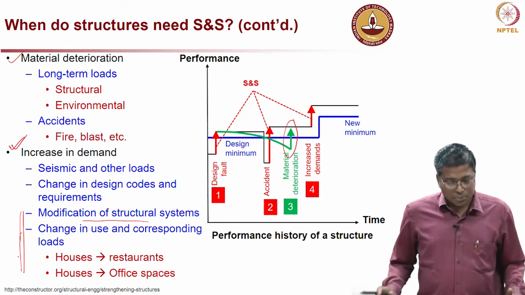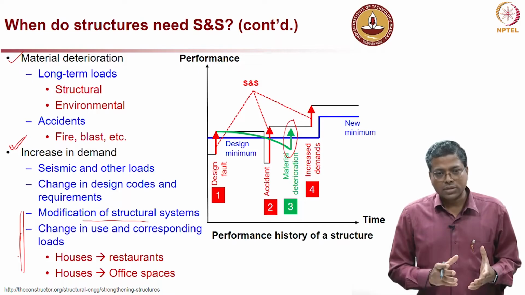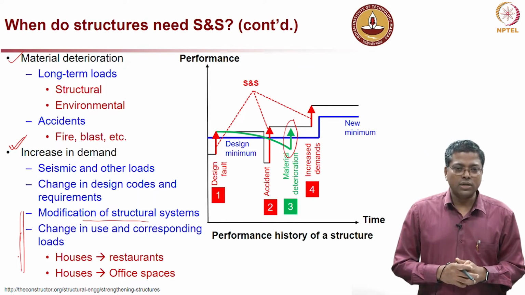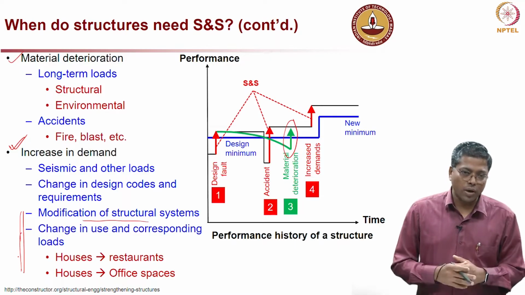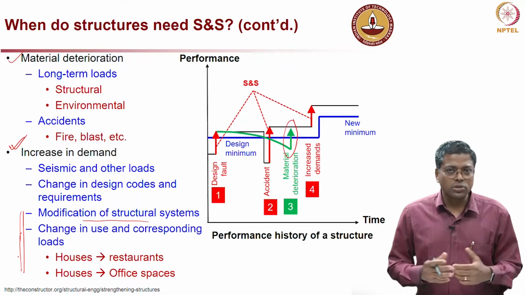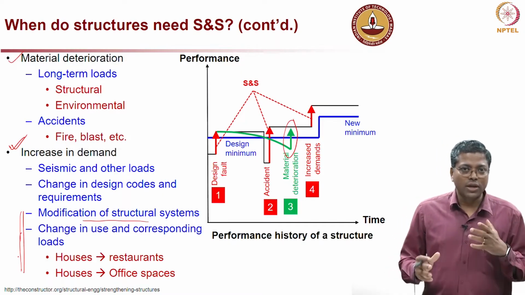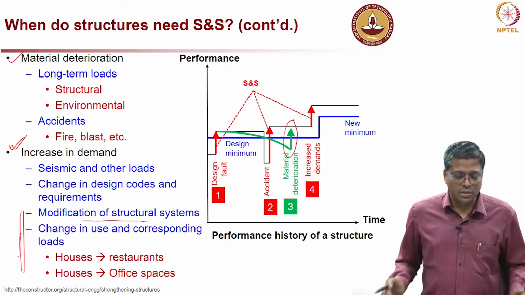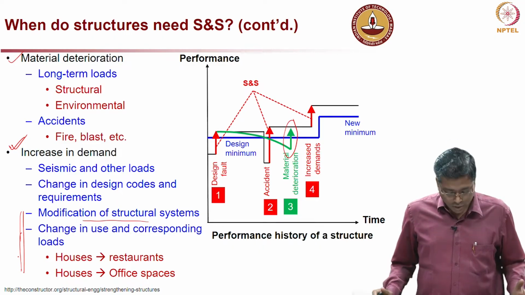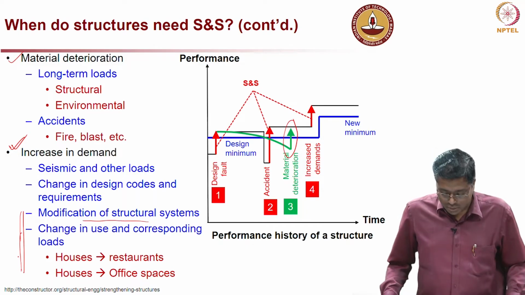So, these are the major reasons: seismic or any other loading, changes in the loading conditions, change in the codal requirement, or modification of the structural system, and also modification in the load pattern because of the change in the functionality, whatever the purpose the structure is being used for.